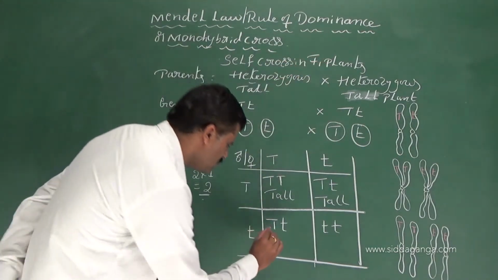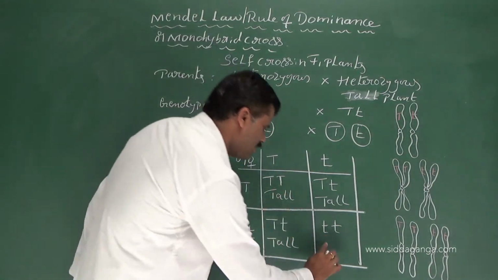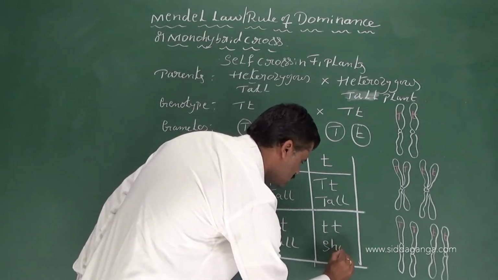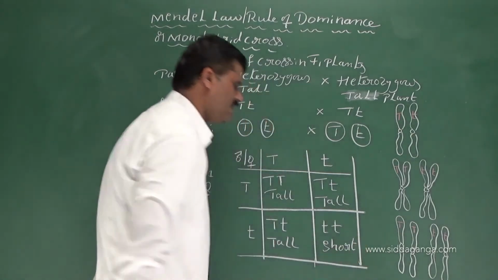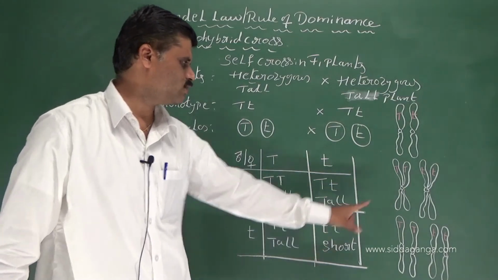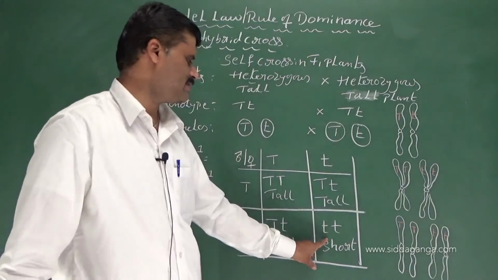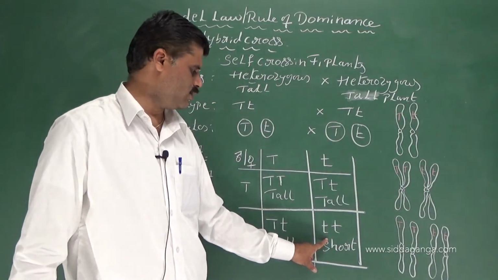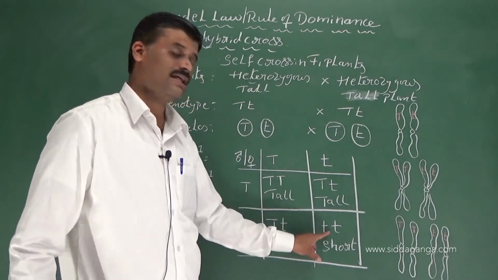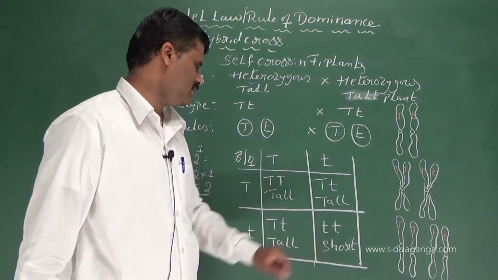And here also the tall, but here short. Why is it short? The paired genes on homologous chromosomes are representing the short, there is no tall character, hence the recessive character will express its nature, that is the short.